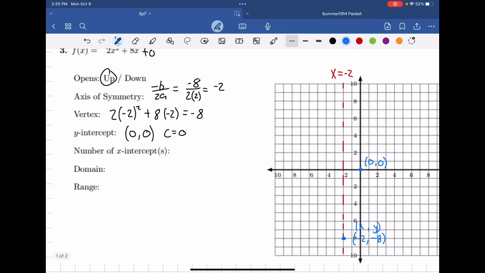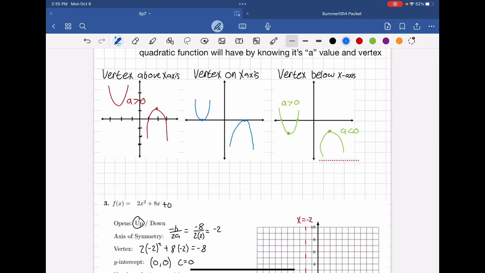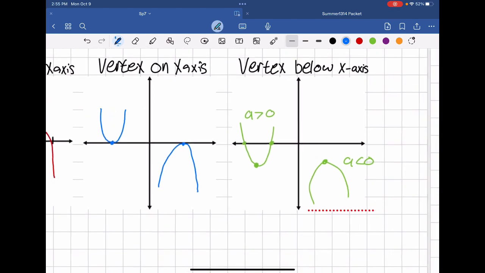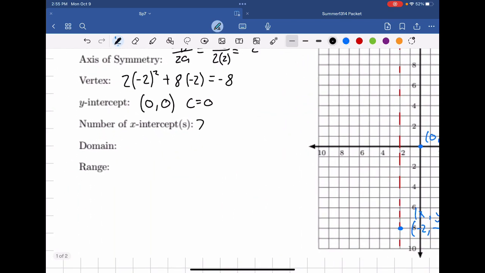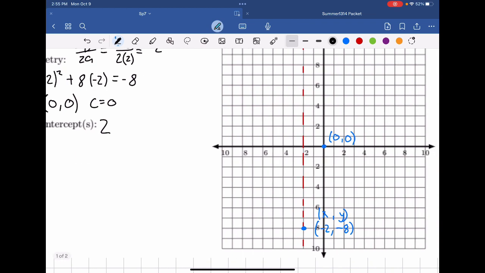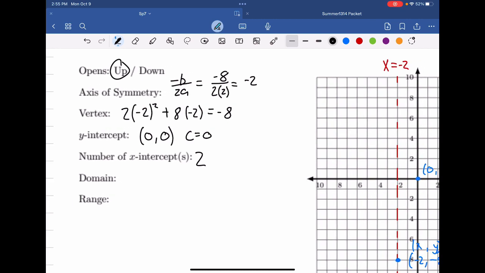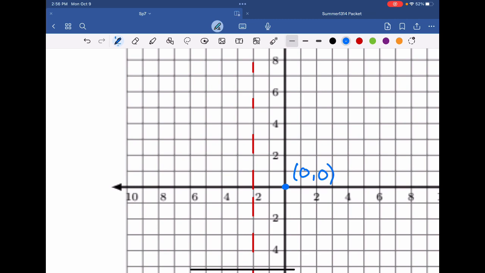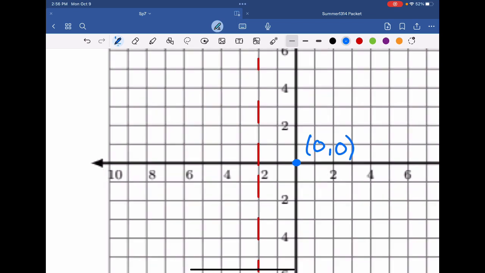All right, so number of x-intercepts. Just as we went over up here, if we have our vertex below the x-axis and it opens upwards, we're going to have 2 x-intercepts. And we can find that. So instead of going through and finding our second x-intercept mathematically, since we have an axis of symmetry, that means we can find our first one, which was pretty easy to find, right? 0, 0, and it's an axis of symmetry, so it's going to be mirrored on the other side.